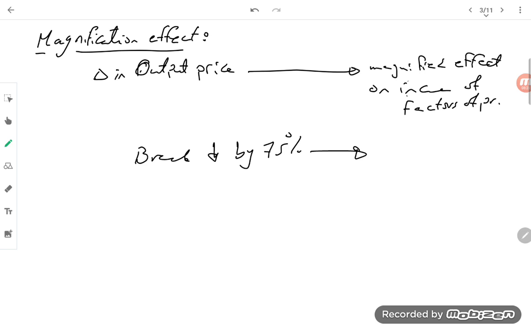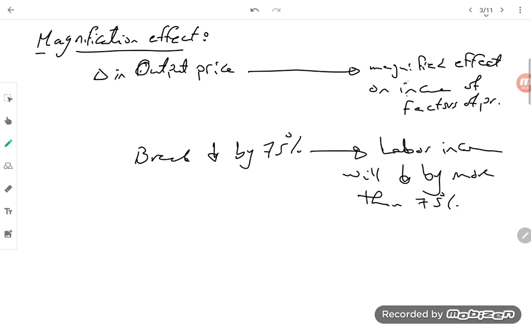So this means that labor income will decrease by more than 75%. And similarly, if there is an increase in price by 50%, for example, labor income will increase by more than 50%.